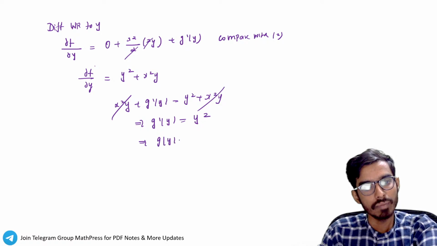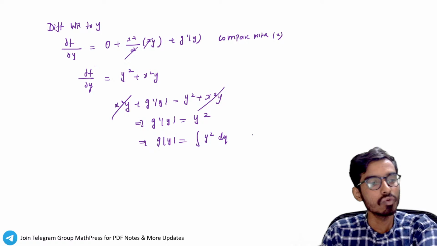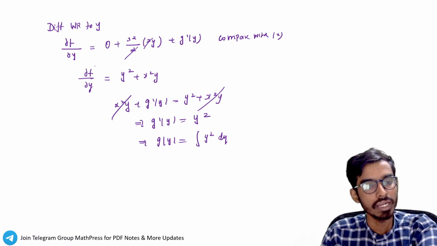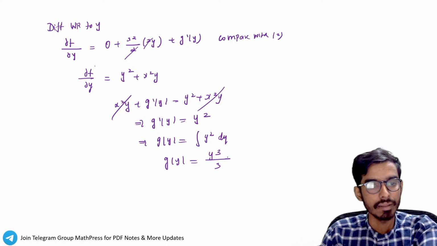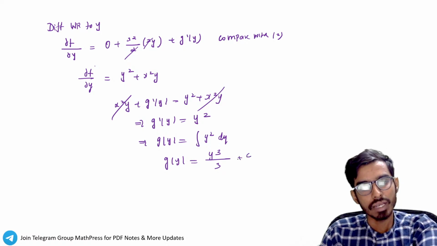So g of y will be the integration of y square dy. You don't need to put h of z because it is a function of i, j only. So g of y is y cube by 3, and if you want, you can put some constant c.